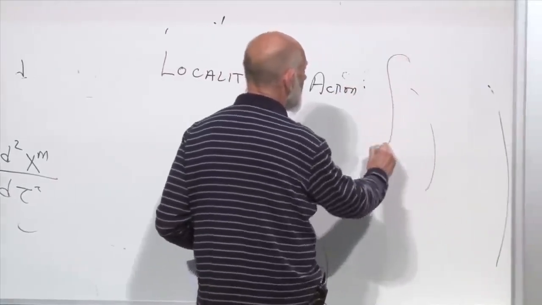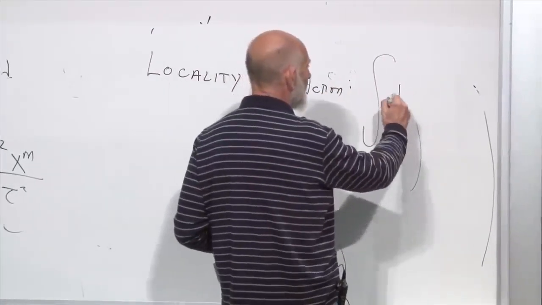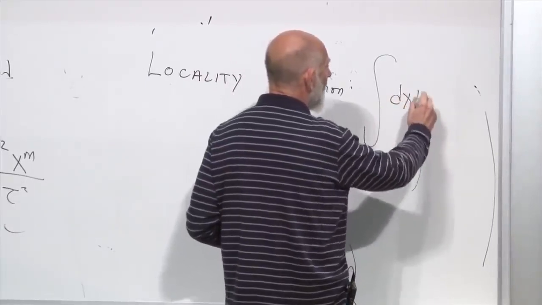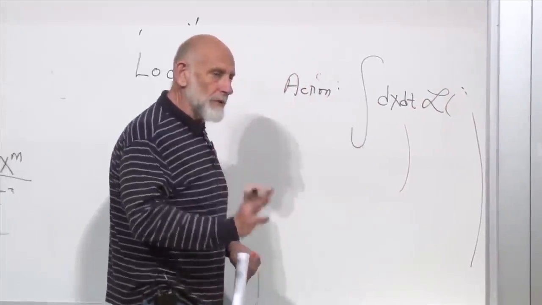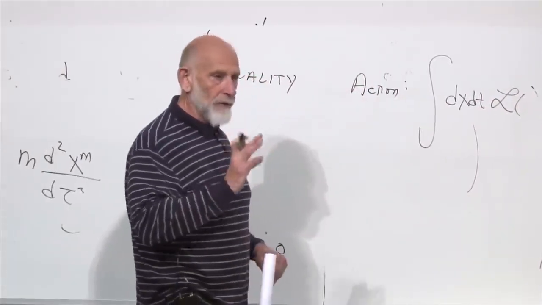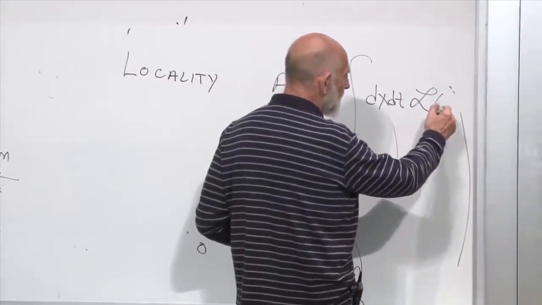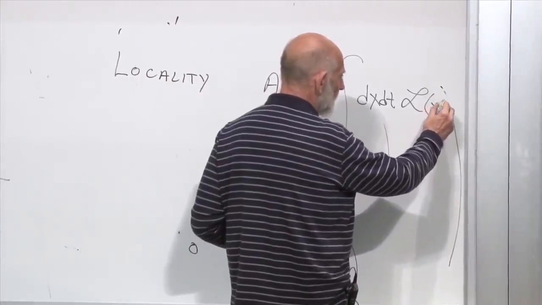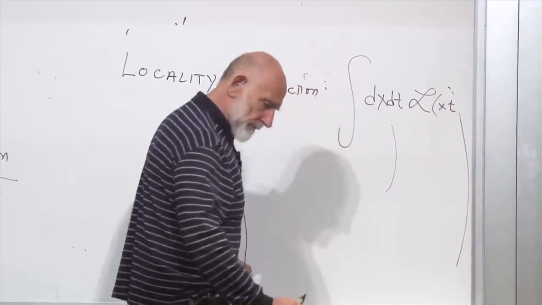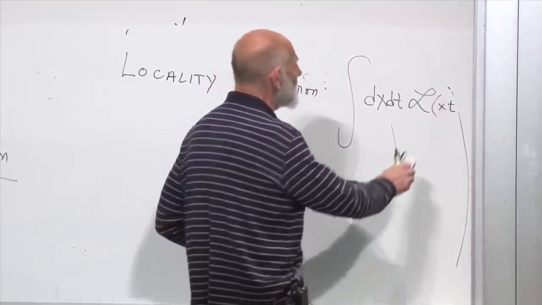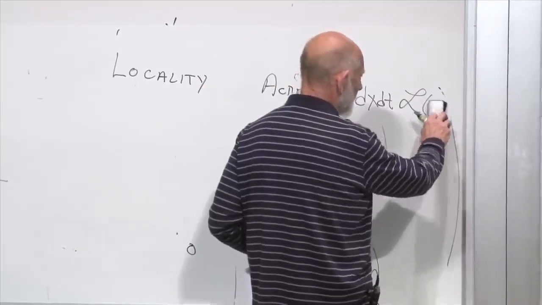should be an integral over all space and time, dx dt, of some kind of Lagrange density which only depends on the values of things at a particular point in the neighborhood, let's call it x and t, and, sorry, depends on things and derivatives.